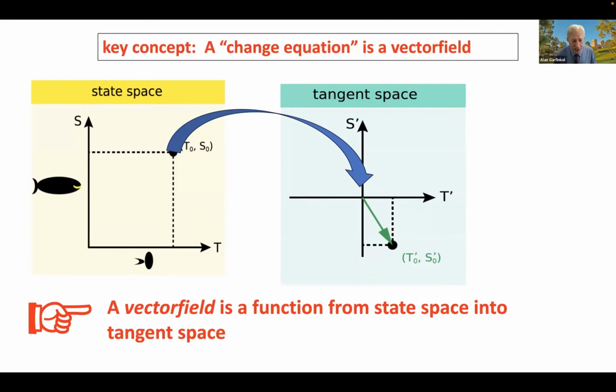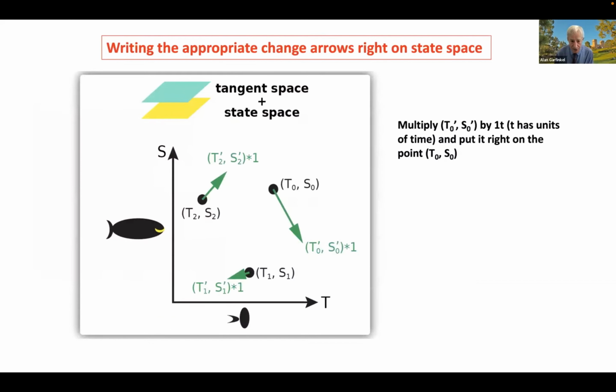The change equation is a function from state space into tangent space, and it assigns the correct change vector to your current point. Then we take that change vector, multiply it by time units, and now we can write the change vector right onto state space. And you're beginning to see the instructions and how they're going to play out.